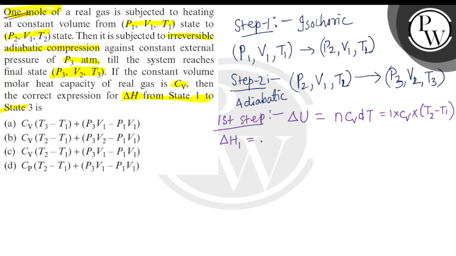We know that delta H1 is equal to delta U1 plus delta (PV), but here the volume remains constant, so delta U plus V delta P. Delta U is Cv into T2 minus T1, plus V equal to V1, and delta P is the change in pressure, that is P2 minus P1.